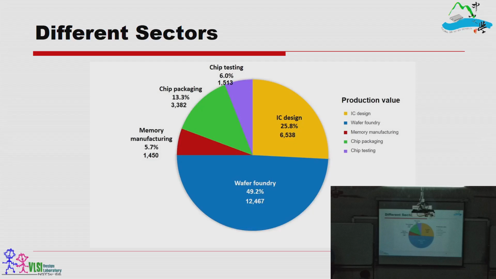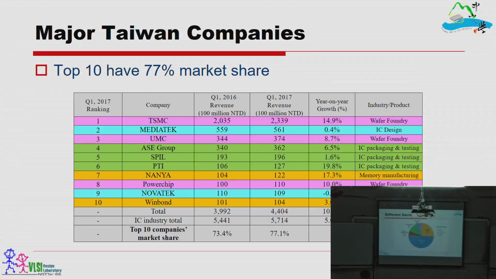All right, I have a lot of students in these companies, and these are the top 10 companies in Taiwan. Well, these are the monsters. These 10 companies occupy three quarters of the entire market share in Taiwan. Number 1, TSMC. Number 2, MTK. And then UMC number 3.